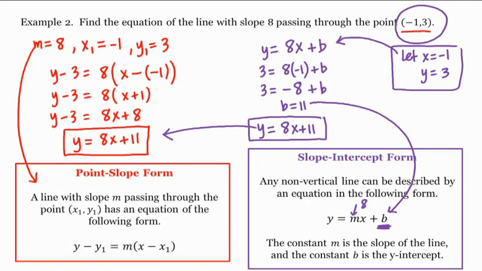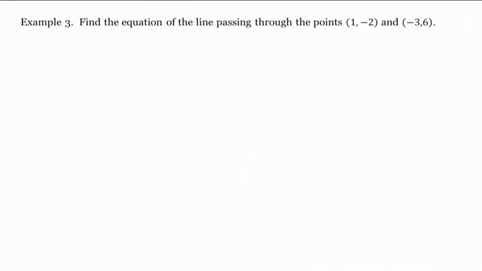Okay, let's look at one more. Let's find the equation of the line passing through the points (1, -2) and (-3, 6). Now this example is different in that we're not given the slope m. So what we need to do first is find m.